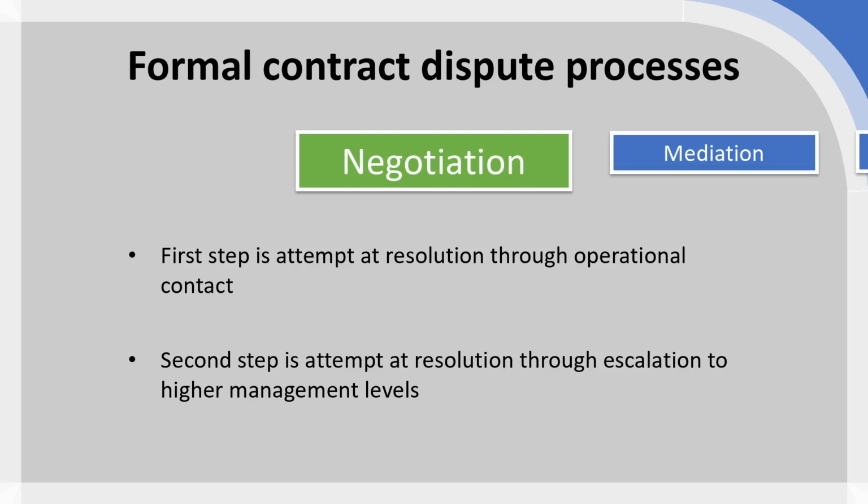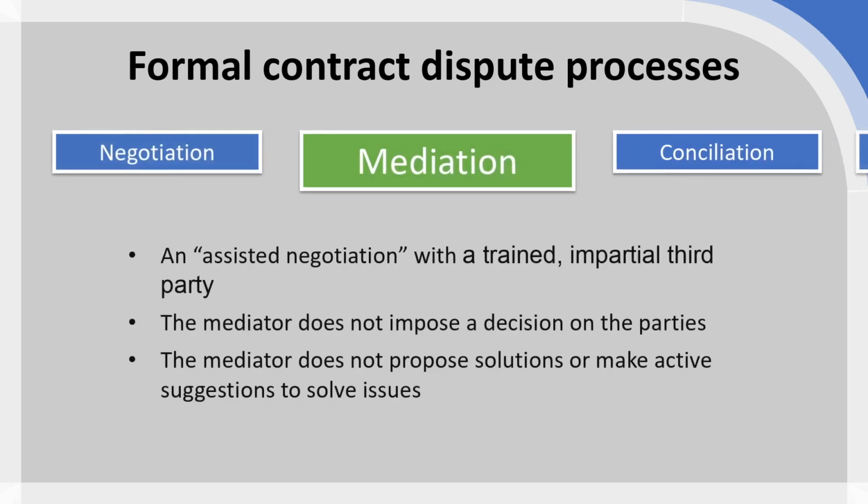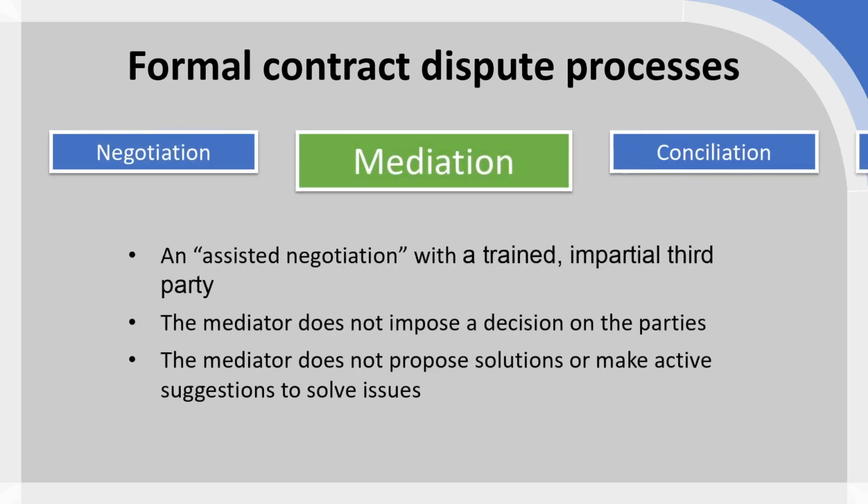So if you presume that's also failed, then we have a range of additional dispute resolution processes that we could use. Mediation and conciliation are two that would be just above operational and managerial negotiation. So this is still a negotiation. There's no judgment that is imposed. So a mediator really is running an assisted negotiation, would be one way of phrasing it.